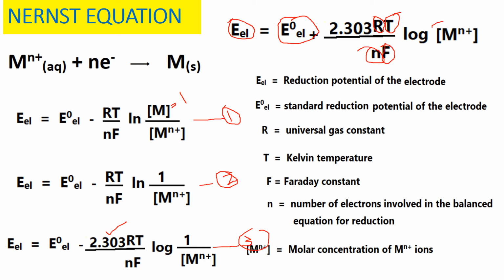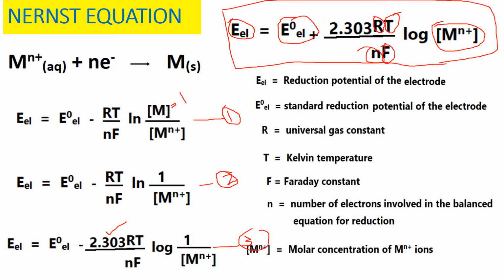Concentration of Mn+ is the molar concentration of metal ions. So this is the Nernst equation, which depends on the electrolyte concentration and temperature. Other terms are constants.